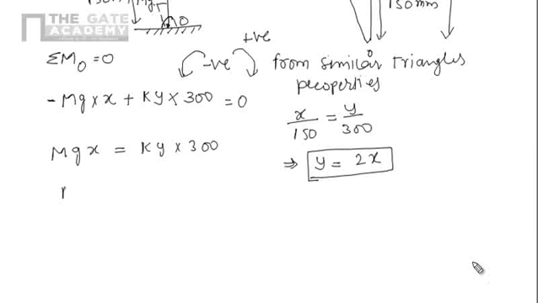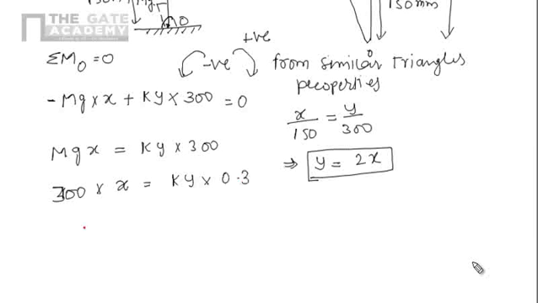So here I will write the value of mg. Mg is given, it is 300 Newton. So 300 into x equals ky, and this one is in mm, so I will convert into meters, that is 0.3.